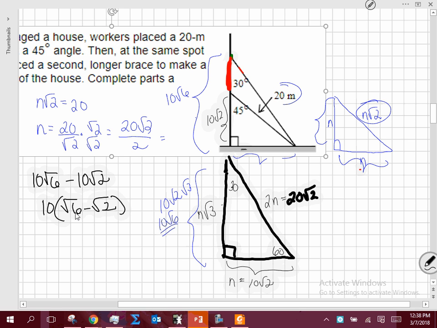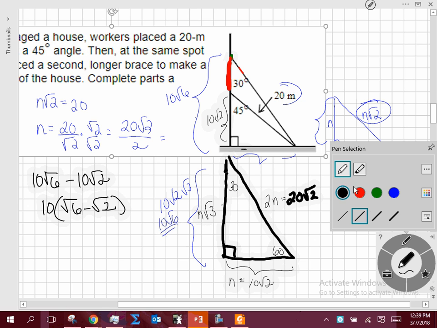But when they're in exact form like this, the only time that I can combine those terms is when the number underneath, which we've been calling the radicand, that number there and that number there need to be the same so that I can add or subtract them. They're not, so right now I just leave it this way. Okay?